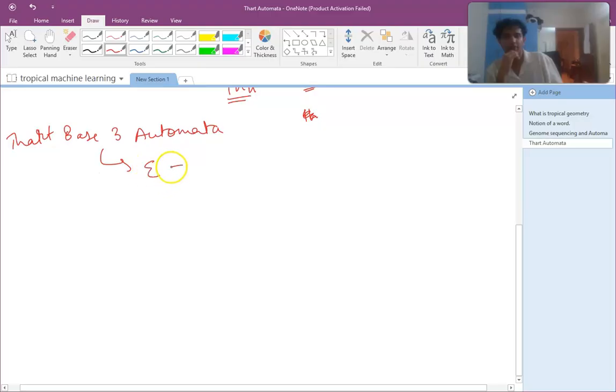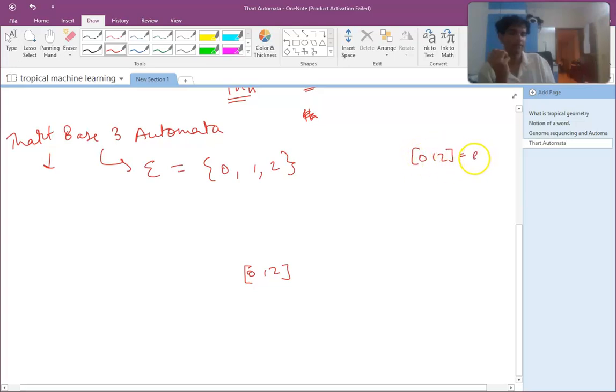So my alphabet sigma is equal to 0, 1, 2, and I have the same rule. Let's start constructing it. I'm just going to go ahead and draw it because I've worked it out already, and I want you to sit and notice what you can. So 0, 1, 2 is our identity element as before. You can work it out to prove that 0, 1, 2 is indeed the identity element.